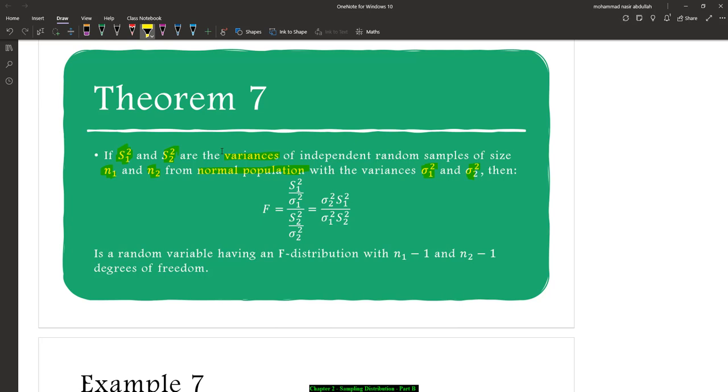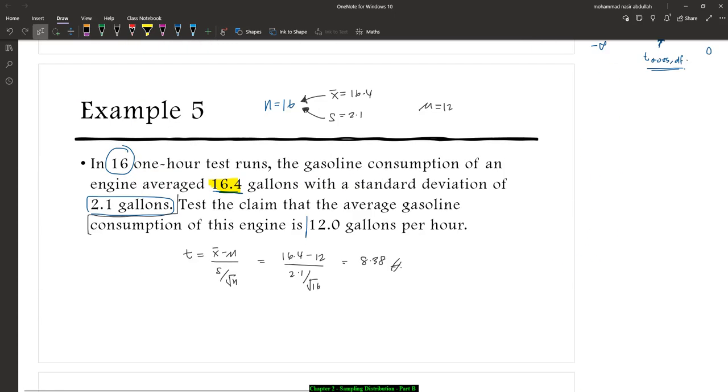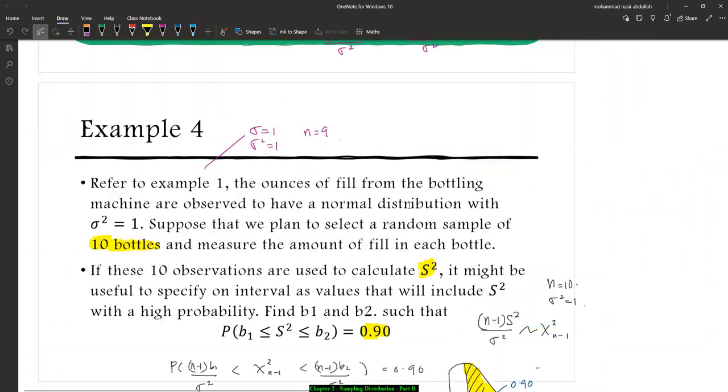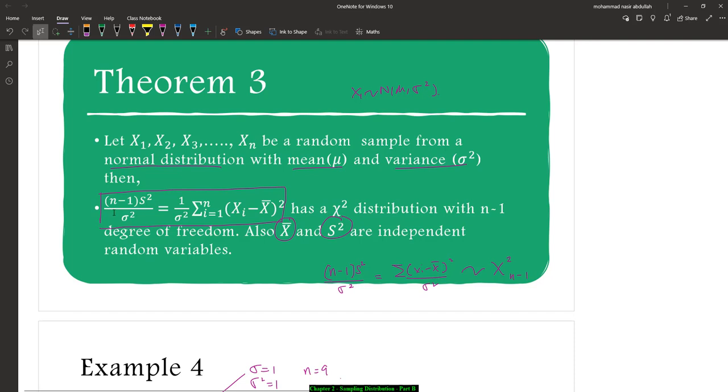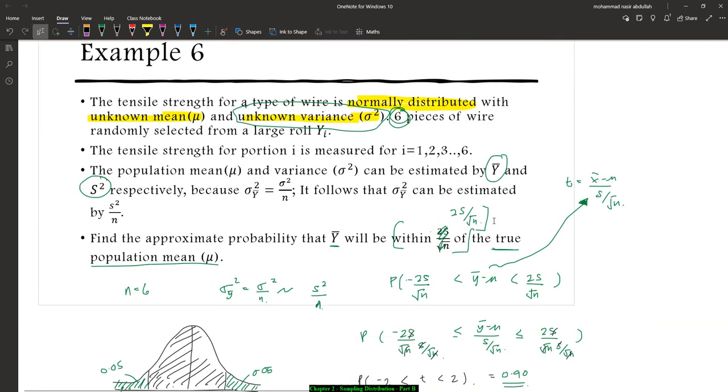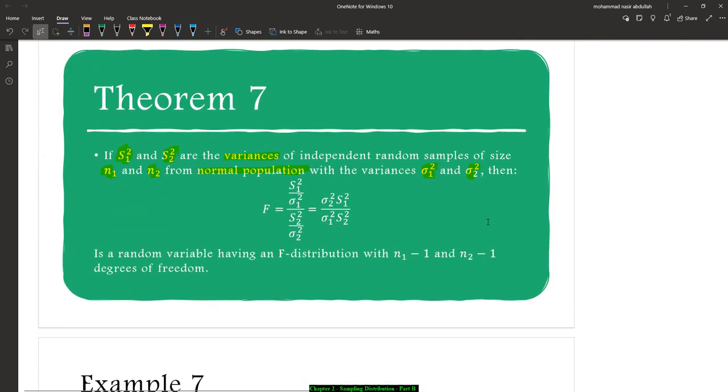If you notice, look at theorem number 3, the same thing. N minus 1 S squared divided by sigma squared has N minus 1 degrees of freedom. So theorem number 7 is derived from theorem number 3.